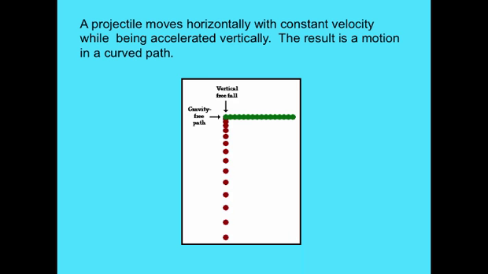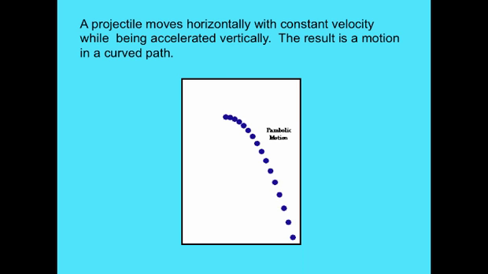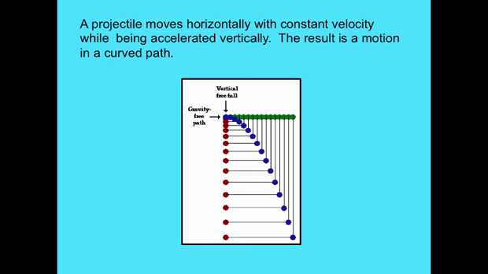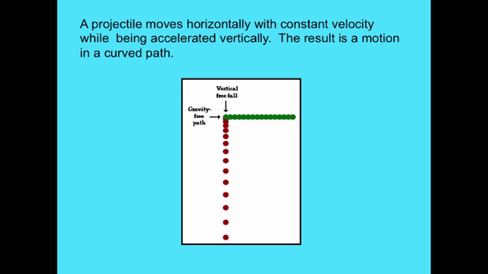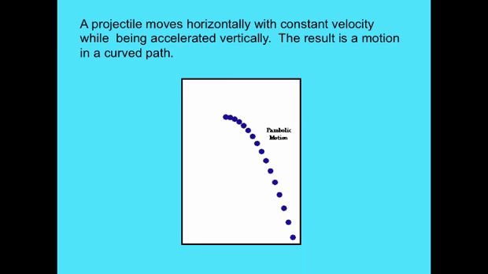We've got the vertical motion, which is going to be the red dots. And the result of that is going to be the blue dots, the actual motion of the projectile. So we're going to be breaking up the components into what's happening to the projectile horizontally and vertically. Horizontal, constant speed. Vertical, it's accelerating.